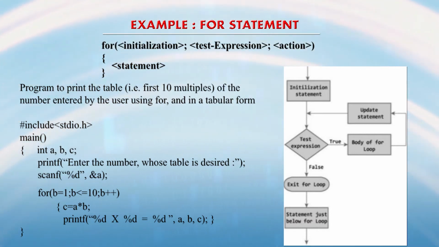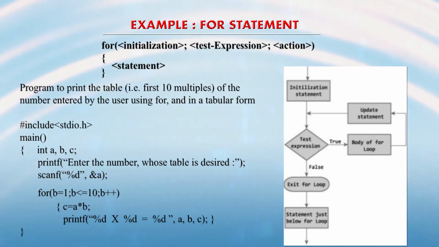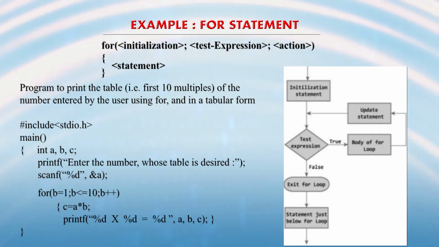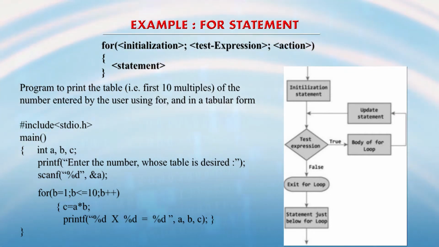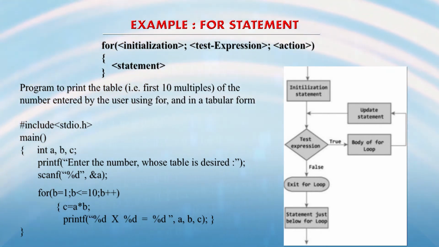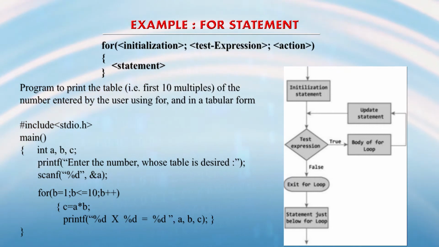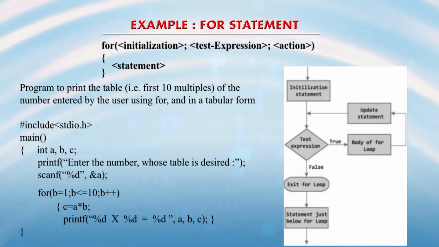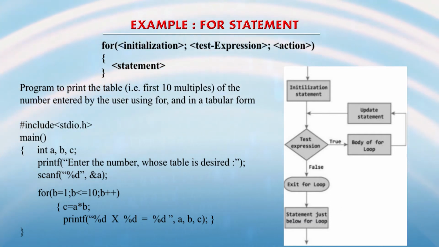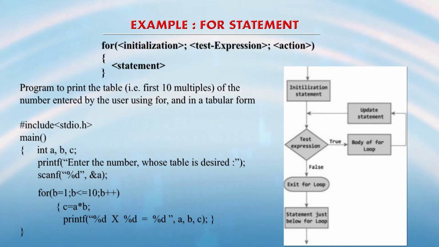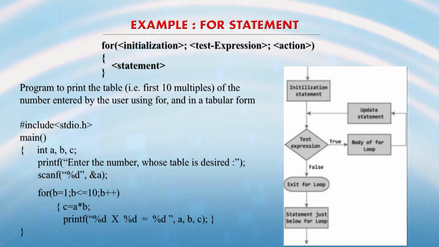Now, the execution happens in the for loop, that is c = a * b. Say I entered the value 2 and it is passed on to the variable a. So, I am interested in writing the table of 2. The first value of c will be c = 2 * 1, and it will be printed as 2 x 1 = 2.